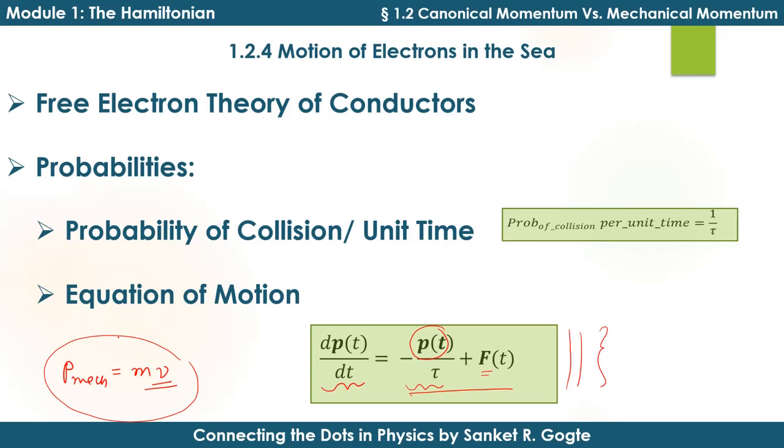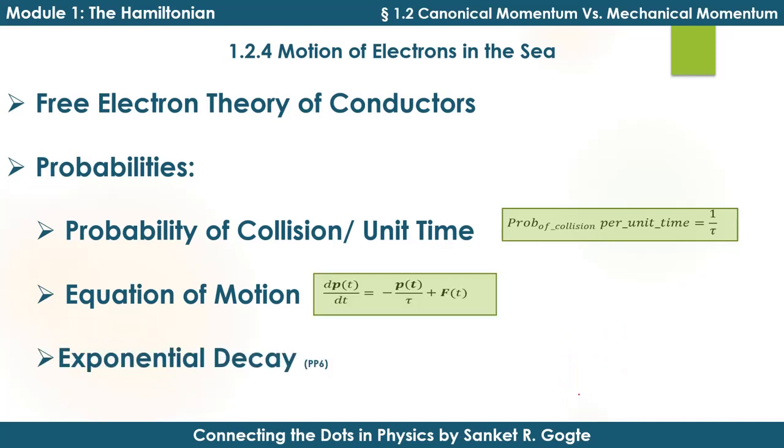But from this randomness we get a nice equation of motion, and it is a wonderful thing. I find it very amusing that such an order should emerge from a complete randomness. That's all I wanted to say about mechanical versus canonical momentum in this video.